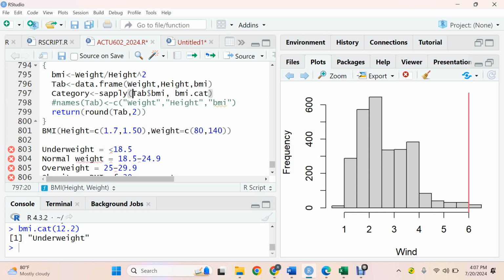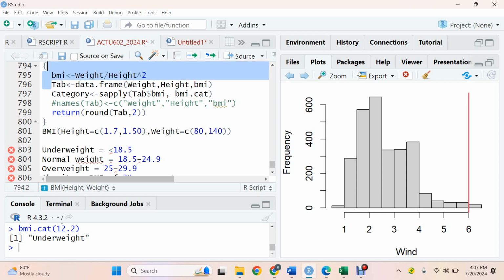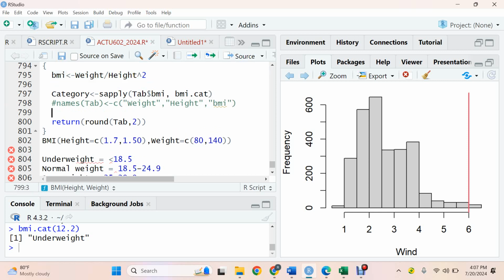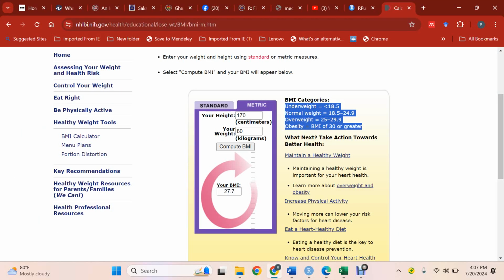Now, okay, so it should be the other way around. After that, I can now construct my data frame. So this will just be the BMI and not that. Okay, then I can add here BMI category.